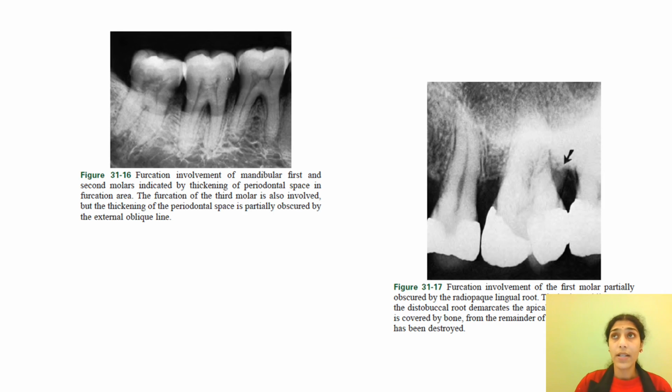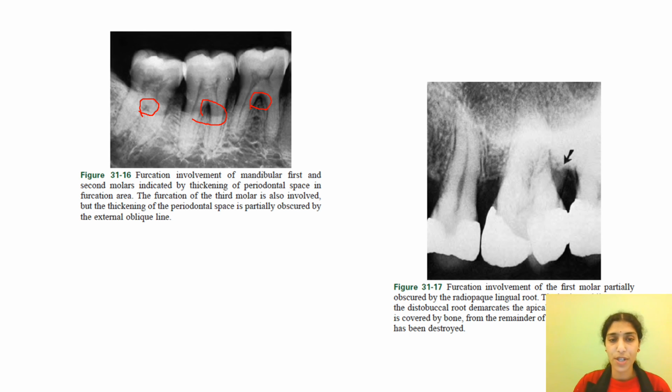Here, another point where periodontal findings cannot be identified in a radiograph is the furcation bone loss of the maxillary molars. For instance, in the mandibular molar, identifying the furcation is not a great deal. It can be easily identified. But here you can see it is partially obscured by the external oblique ridge passing there. The third molar also has a furcation, but it's not very clearly defined.